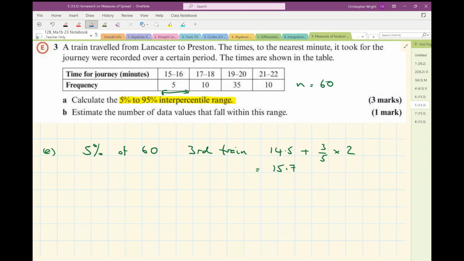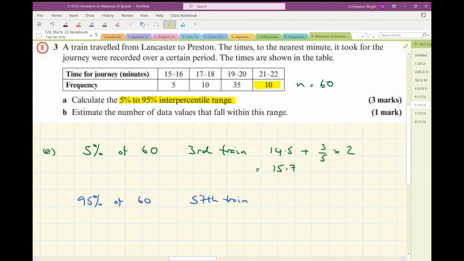Right, what about the 95th centile one? 95% of 60, we're looking for the 57th train this time. Right, which class is the 57th train going to be in? Answer, it's going to be somewhere here, isn't it? It's going to be amongst those 10.